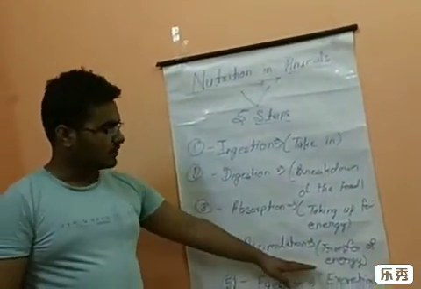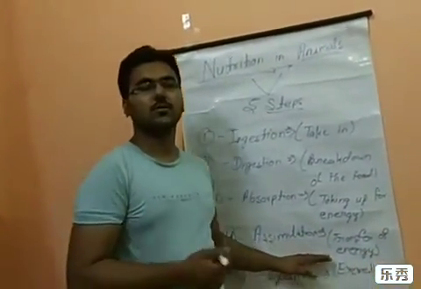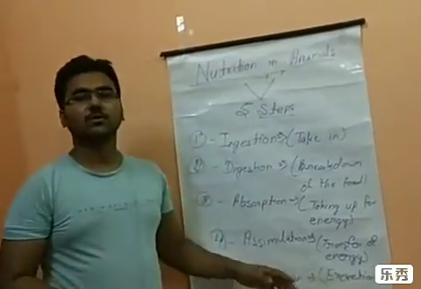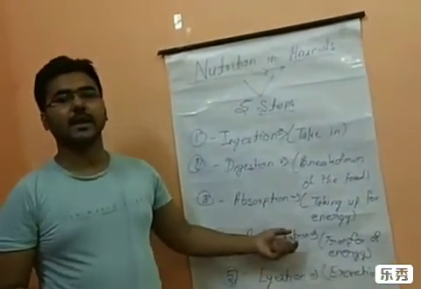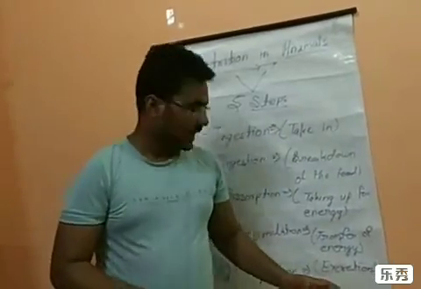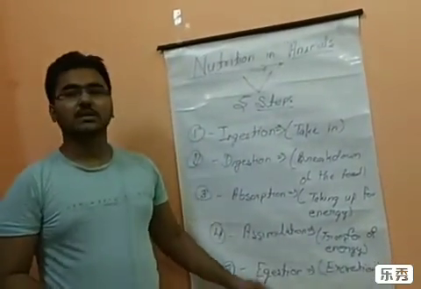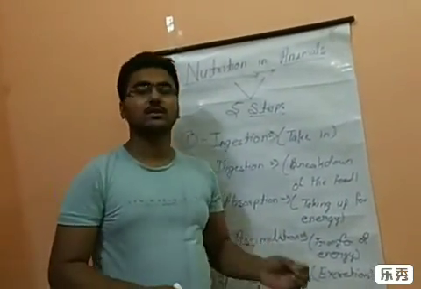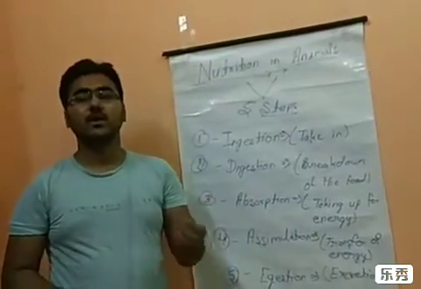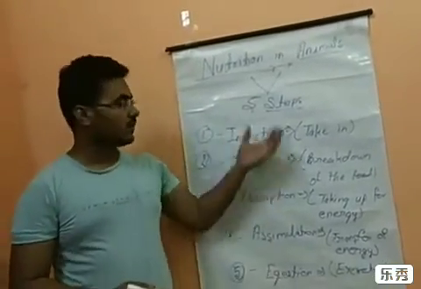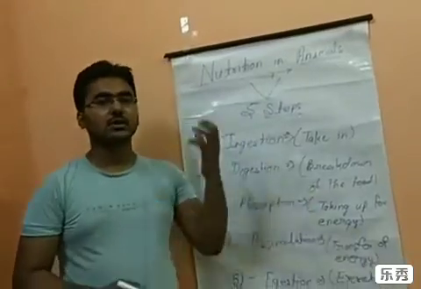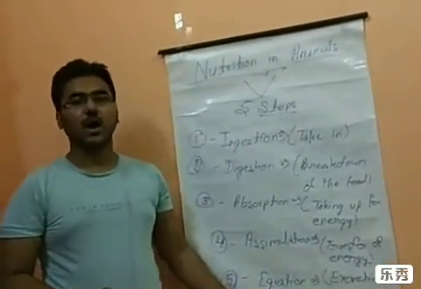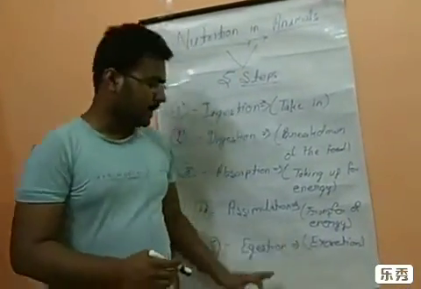Up to this point, the food that was helpful for our body is converted into energy, and the energy is transferred to the whole body. Now in egestion, egestion is the removal of waste. Which waste? The waste remaining from the food after the generation of energy. The removal of that waste out of the body is known as egestion.